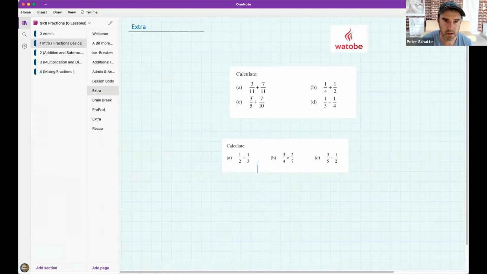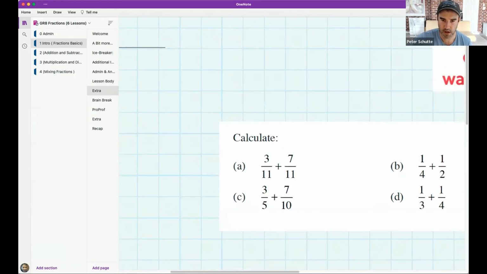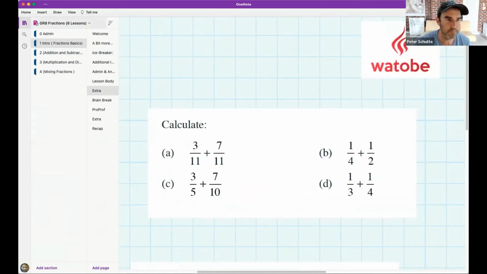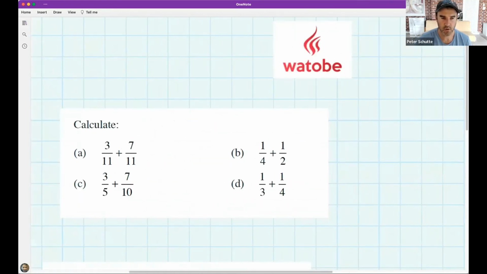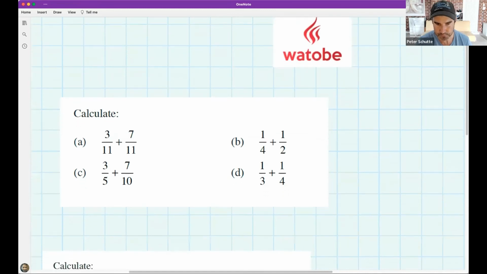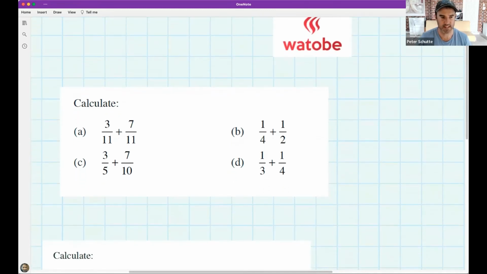So what I want you to do, let's make it nice and big. I want everyone to try and calculate A to D. So A to D, same thing, just practicing those ideas.